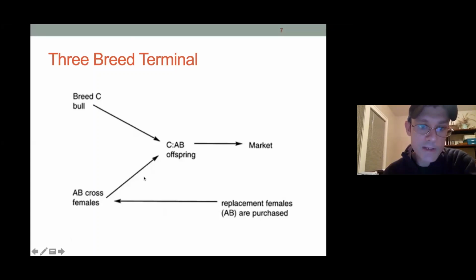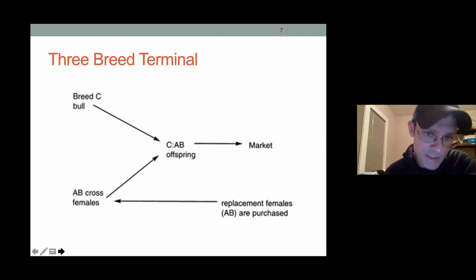A benefit of this system, again, is you actually take advantage of maternal heterosis in the females, full maternal heterosis, full individual heterosis in the market-bound offspring, and you just need the females to be bred with maternal traits in mind, and then utilize the terminal breed of bull to bring added growth and carcass yield.